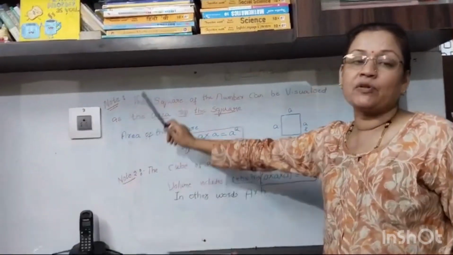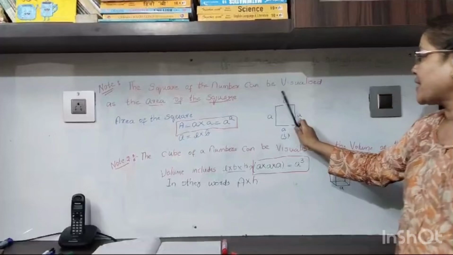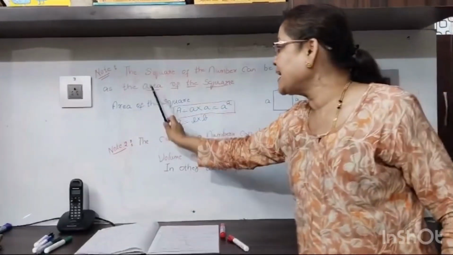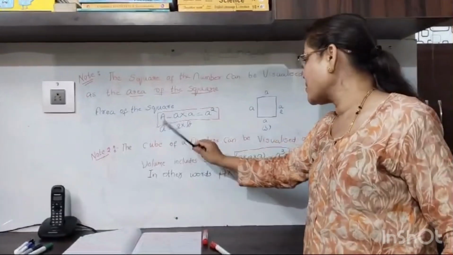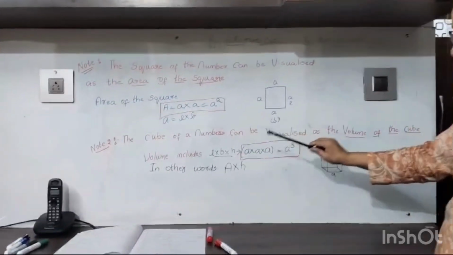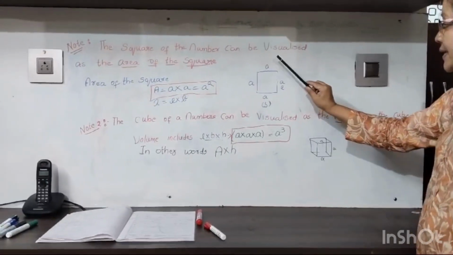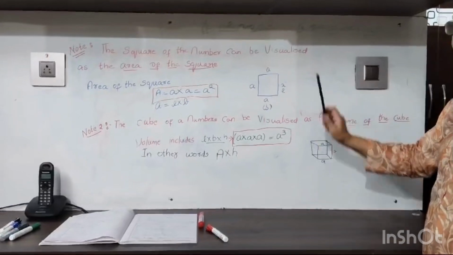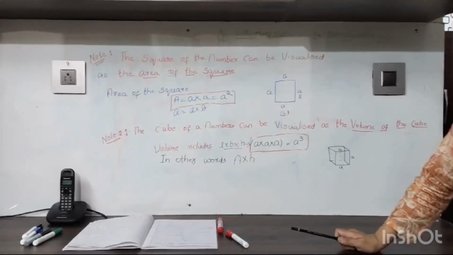Note 1. The square of a number can be visualized as the area of a square. What is the area of the square? Area is equal to A into A, which is equal to A square. This is a square. I am naming the sides A and A because in a square all the sides are equal.